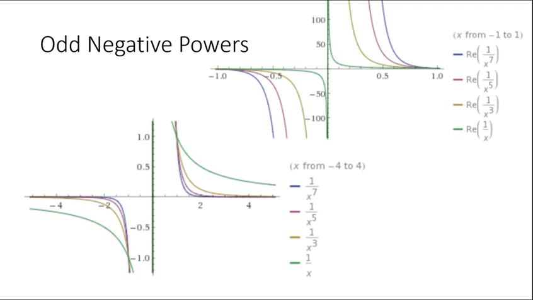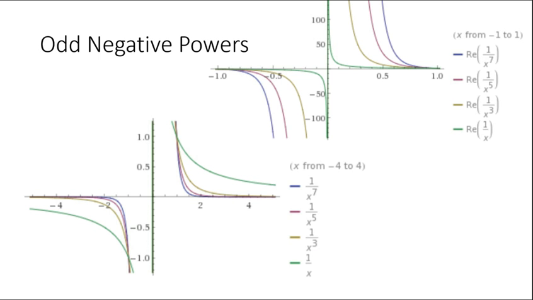So in this case, what's going on in the top right corner is basically a 180-degree rotation of what's appearing in the bottom left quarter. Notice again, these odd negative powers are still passing through 1, 1 and passing through -1, -1.